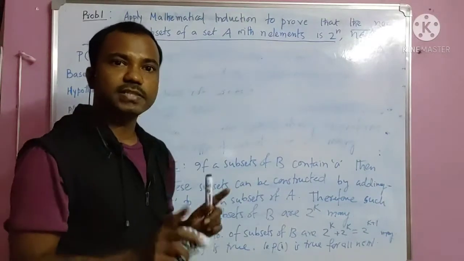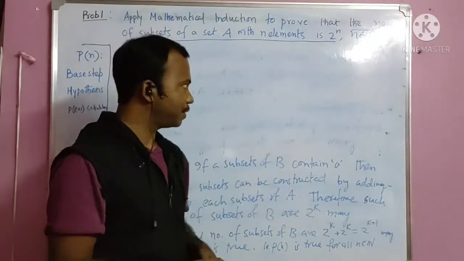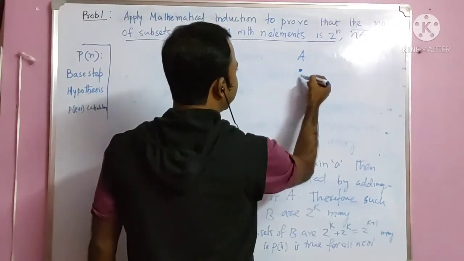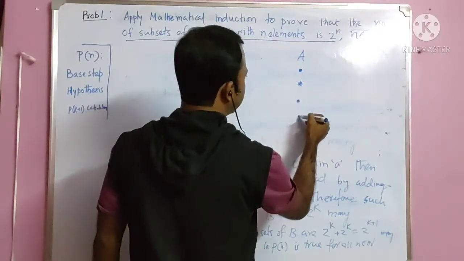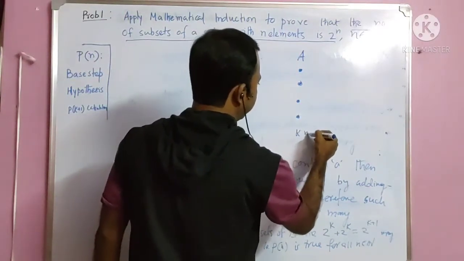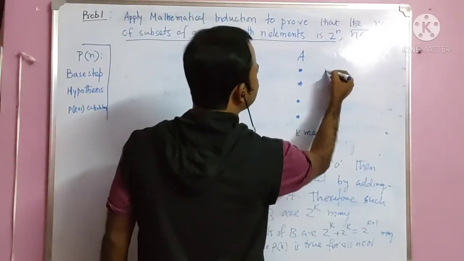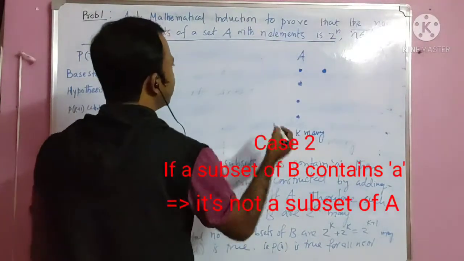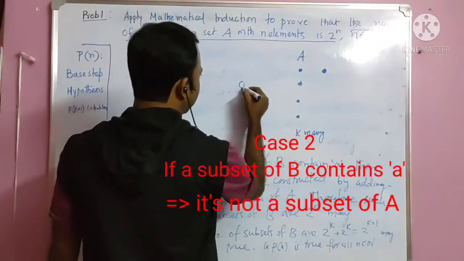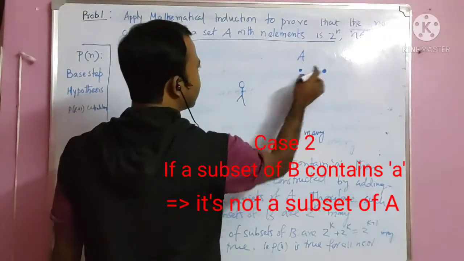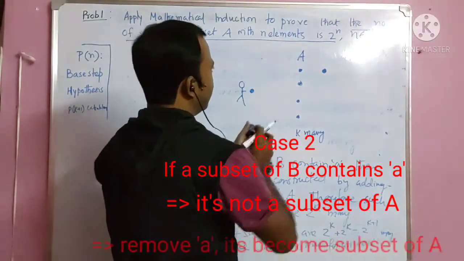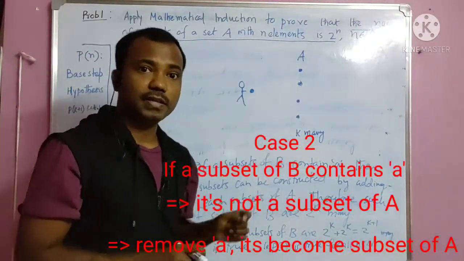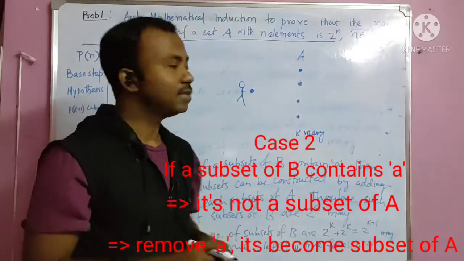I think case 2 needs a little more explanation. Let me do this for you. Suppose this is A and A has k many elements, 1, 2, and so on, k many. And this is the extra element. Using this, you will get B. Suppose you are holding this extra element in your hand and you ask A how many subsets it has.